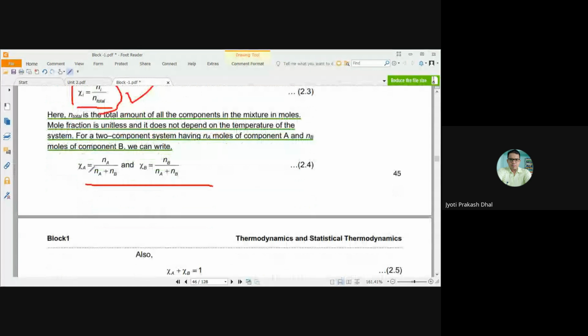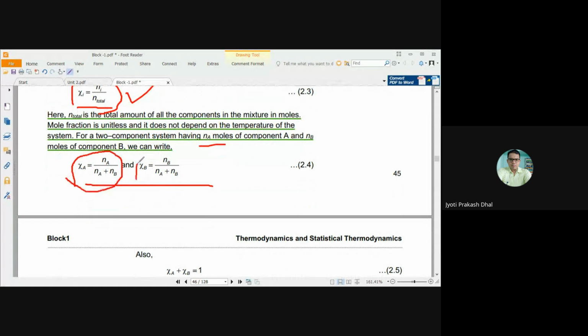So if two components A and B, having Na moles and Nb moles respectively, form a solution or mixture, then the mole fraction of the first component A, chi A, equals the number of moles of A, Na, divided by Na plus Nb.